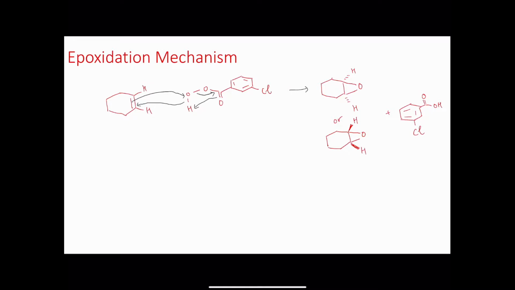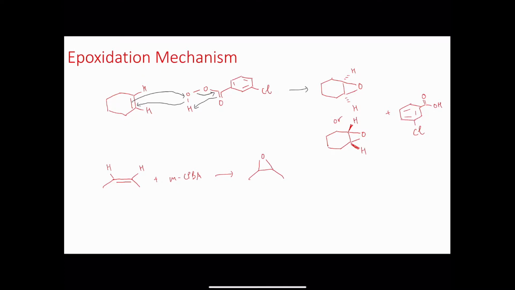So what will the geometry of the epoxide be when we start with different alkenes? First, let's talk about the cis alkene. With the cis alkene, we have the two hydrogens on the same side of the double bond. So this cis alkene reacts with MCPBA, and we're gonna form the cis epoxide.